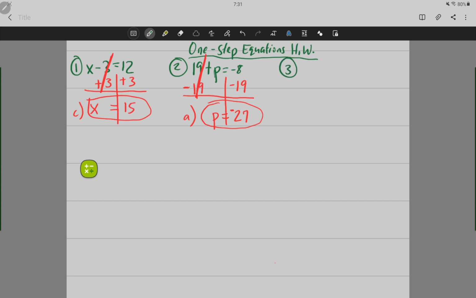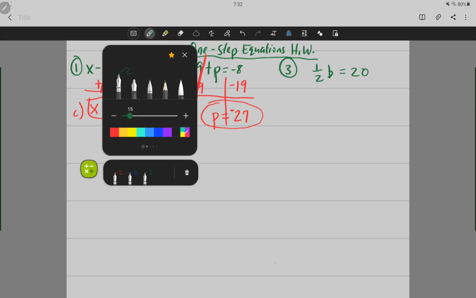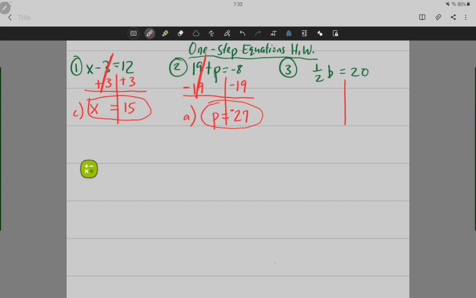All right, here's number 3. Number 3 says half b equals 20. So equal sign, draw a line. Next, it says half, which we know is actually a fraction, which is division.